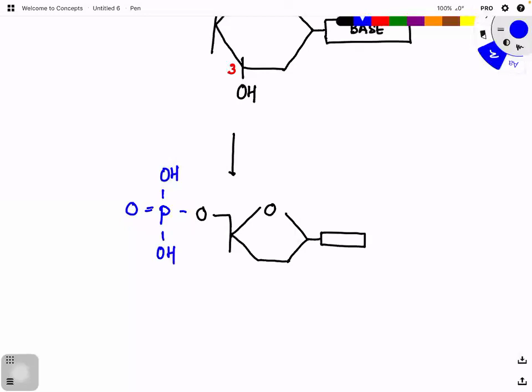So the P-O-C bond here, this is C, CH2, so the P-O-C here is termed the ester bond. Are you clear? It's an ester bond.